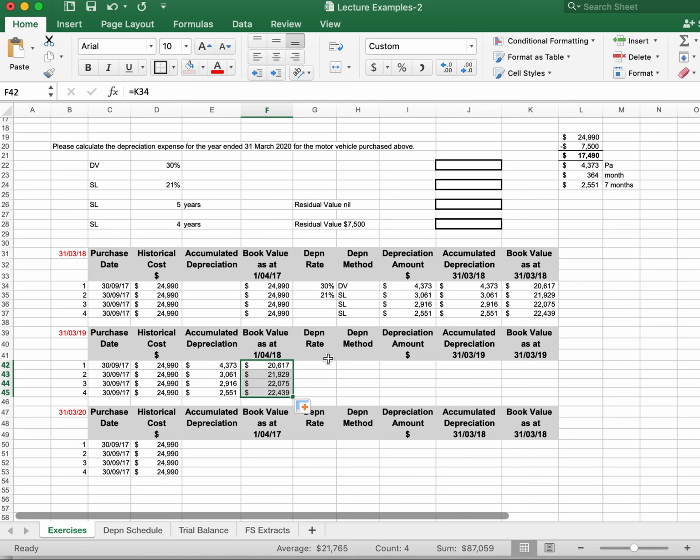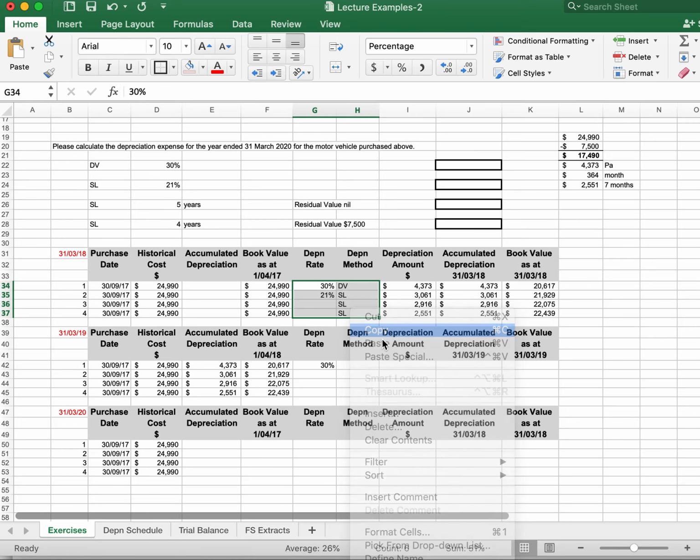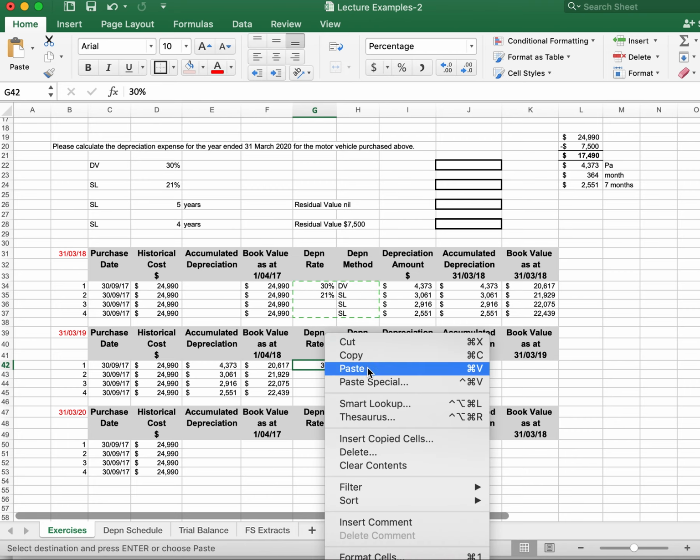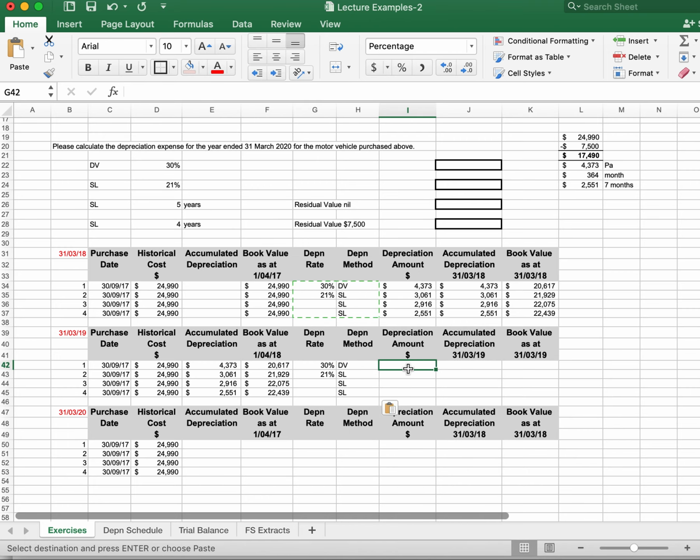All right, the depreciation rates will be 30%, okay? The same, actually, I might as well copy all of that. Copy, paste. So the depreciation is a full year, so it's a diminishing value.